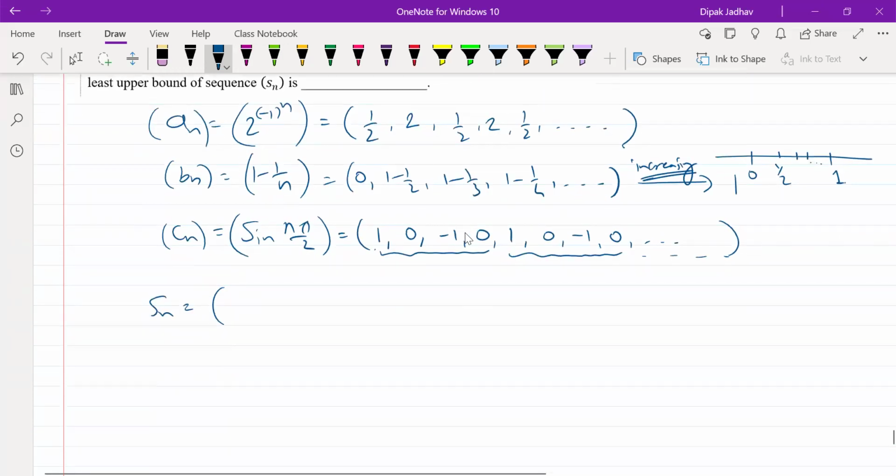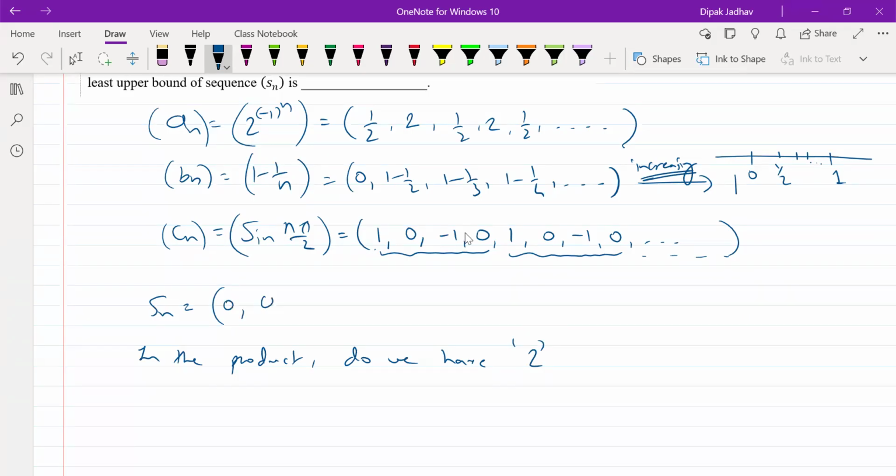In the product, my question is, do we have 2 appearing in the product? No, sir. So what term will appear in the product? The first is 0. Second is also 0.